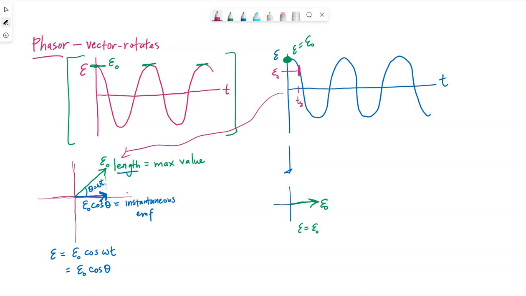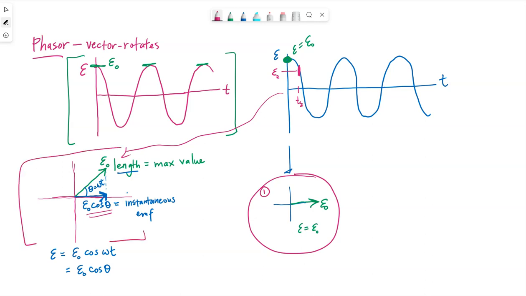So when I look at my phasor, my x component is positive. It's not equal to the maximum EMF, but it is positive. So what has happened between here, time 1, time equals 0, and this second picture is that my phasor has rotated counterclockwise.